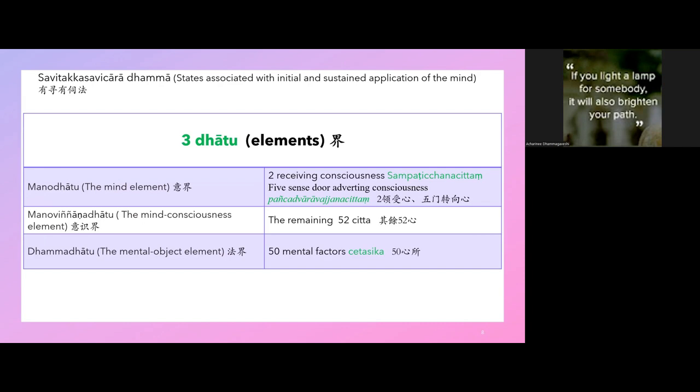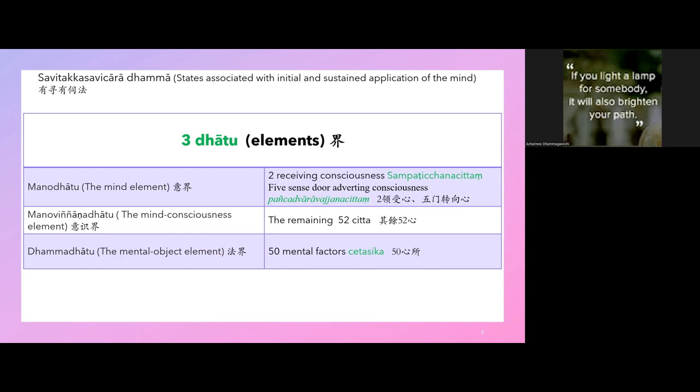Under dhātu, elements, we get 3. Let's again recall what the dhātu are. In total, there are 18 dhātu. The first 10 classify rūpa, then the 12 odārika rūpa, and then the next 5, cakkhu, sota, ghāna, jivhā, kāya viññāṇa.